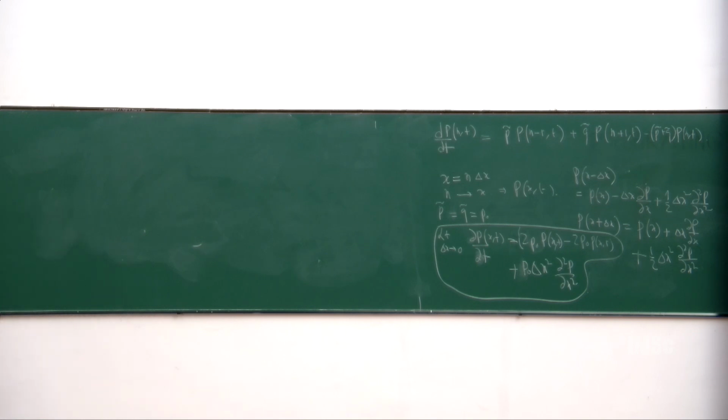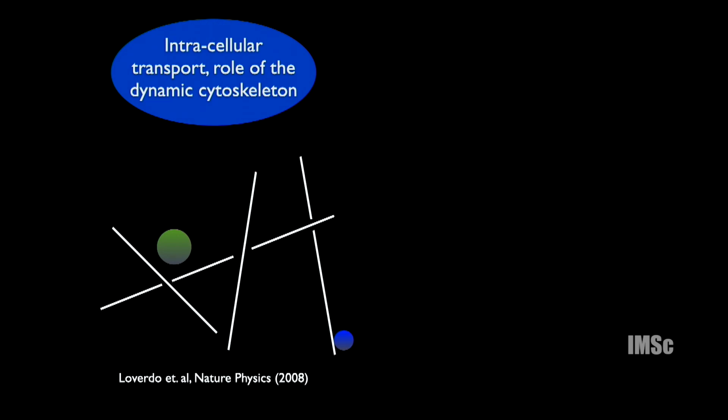So when you see something like this bead moving in a fluid, you can take the trajectory. So what happens inside the cell? Inside the cell, this bead is not freely diffusing.